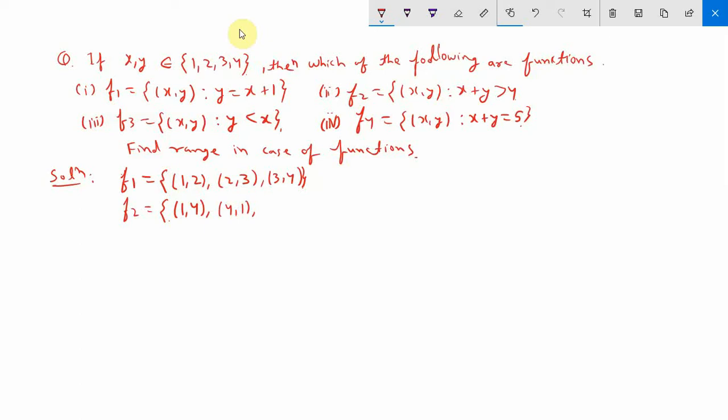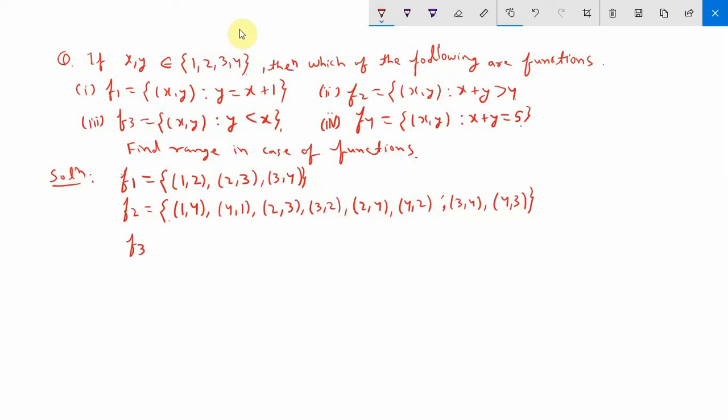Next, if we consider 2: 2, 3, 3, 2 will be okay. Then 2, 4, next will be 4, 2. Then we will consider 3, 4 and 4, 3.